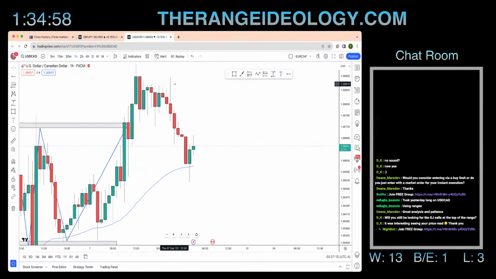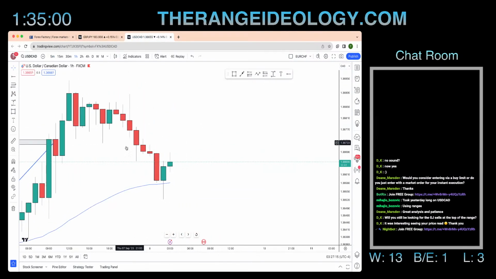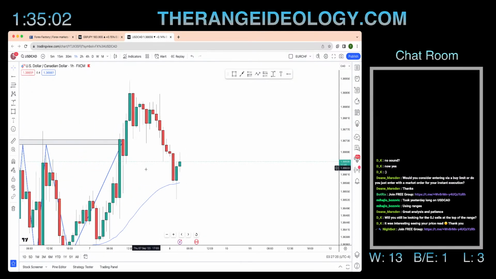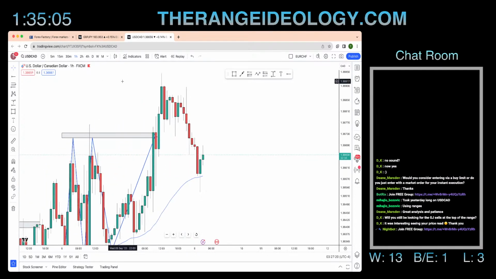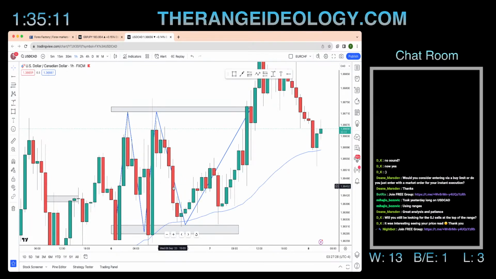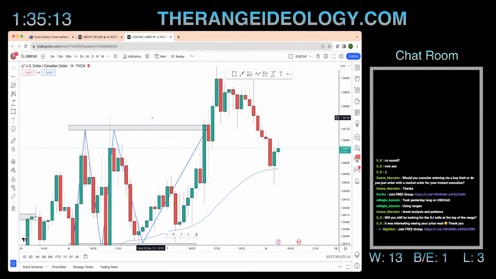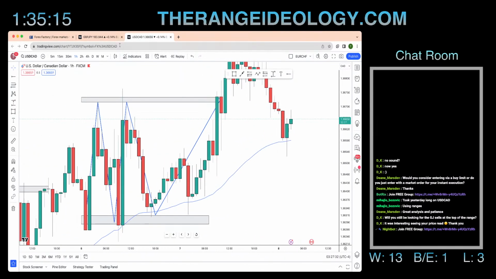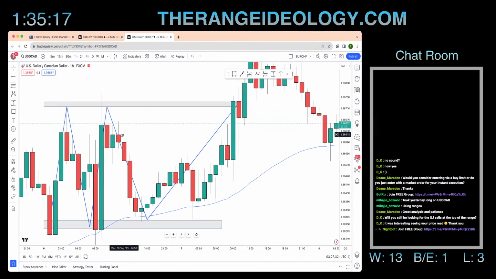Let's take a look at USD CAD here. Nothing major on USD CAD, at least for the London session. It was in a range earlier during the Asian session, which was actually a really nice range forming out.